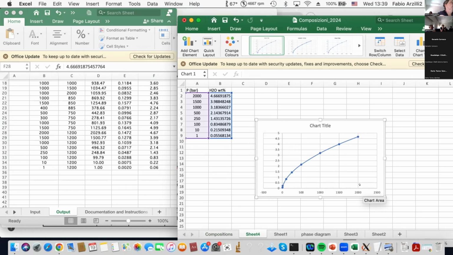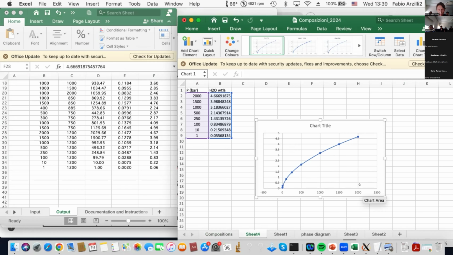If you want to know the solubility of your bulk composition, maybe this is the straightforward way to do it, just to have an idea of the maximum amount of water that you can dissolve. With MELTS, you can do more complex calculations, also considering CO2 together and calculate the pressure and temperature in the melt.